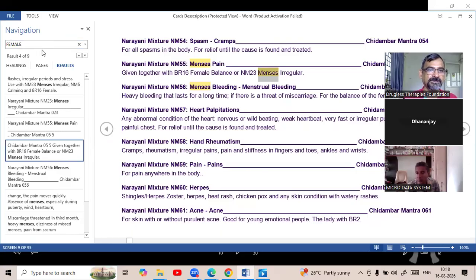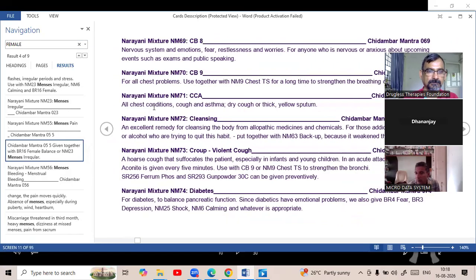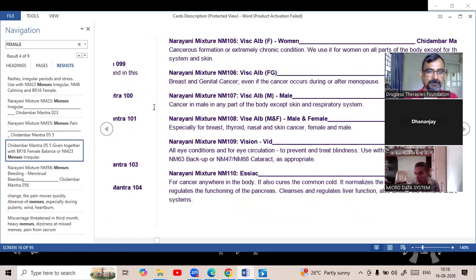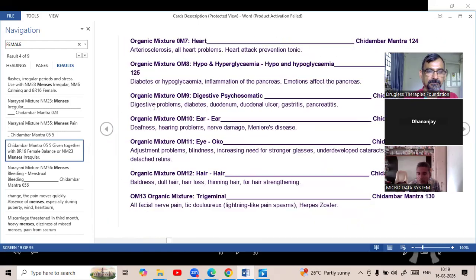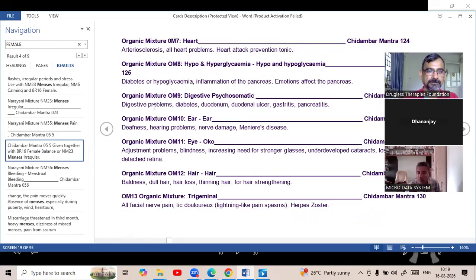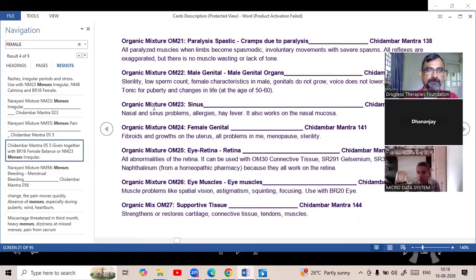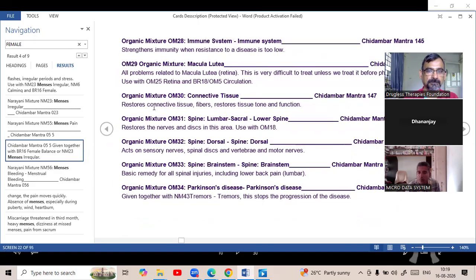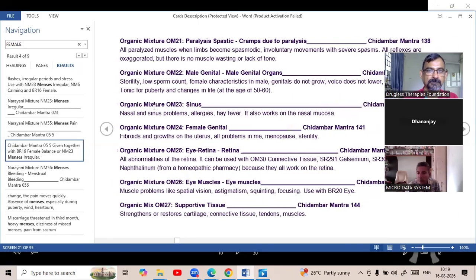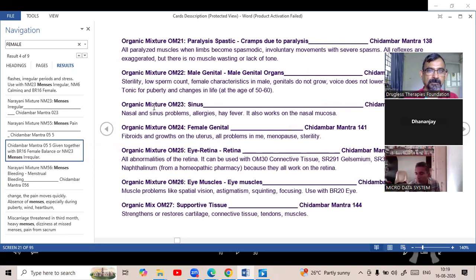Okay, OM remedies. OM Female. You see, that is female genital OM 24.